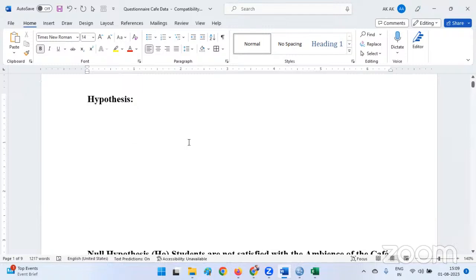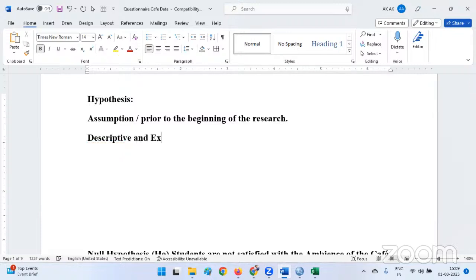Now, we know that hypothesis is an assumption. This is always prior to the beginning of the research. We begin the research, but before beginning, we have a hypothesis, generally in the descriptive study and of course in experimental.